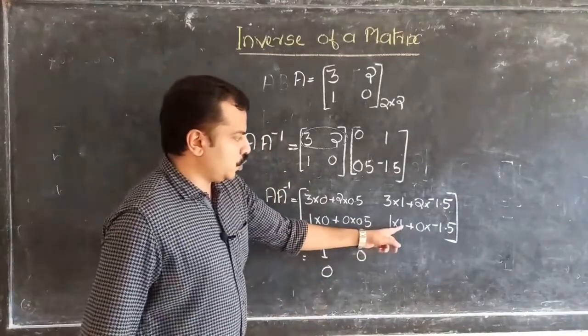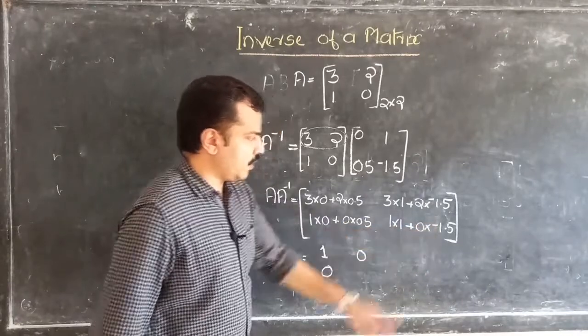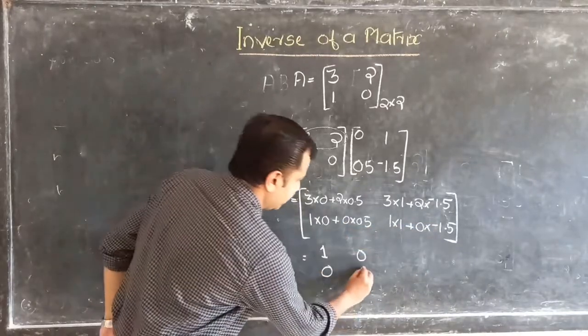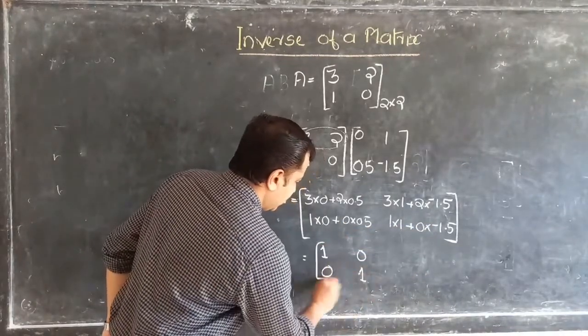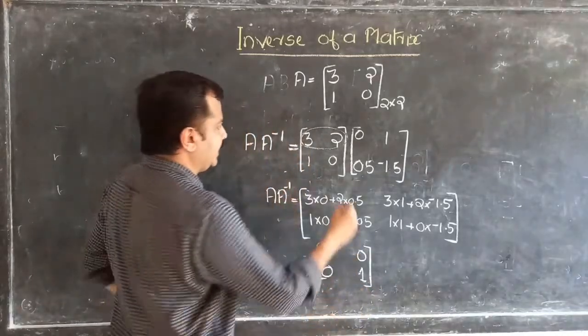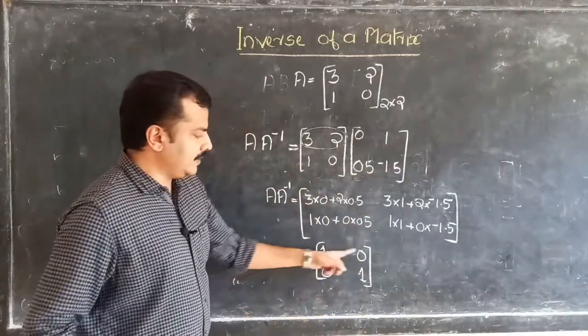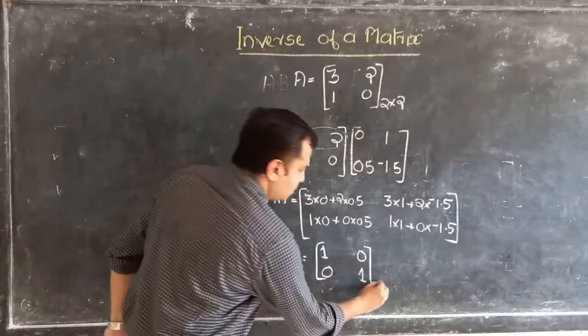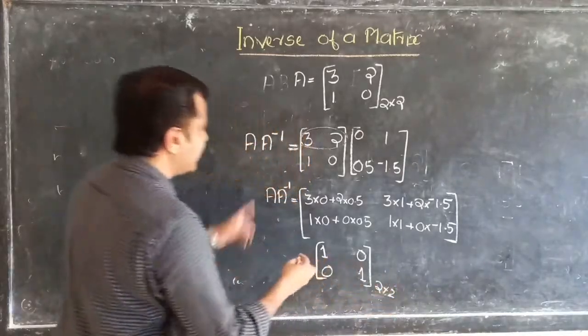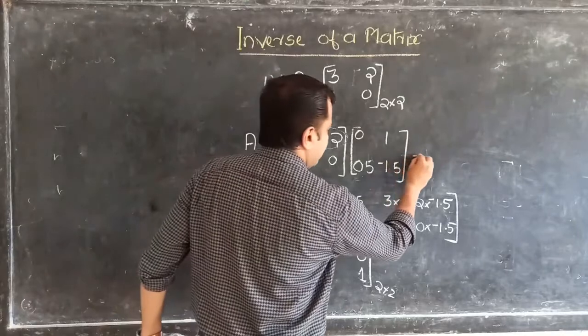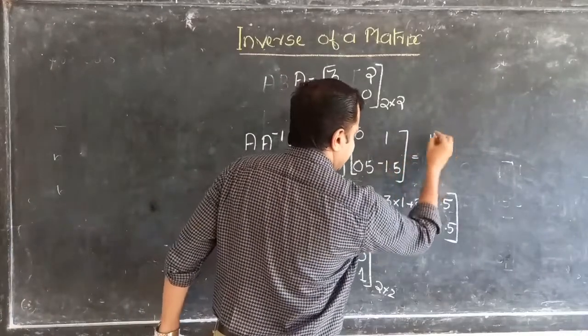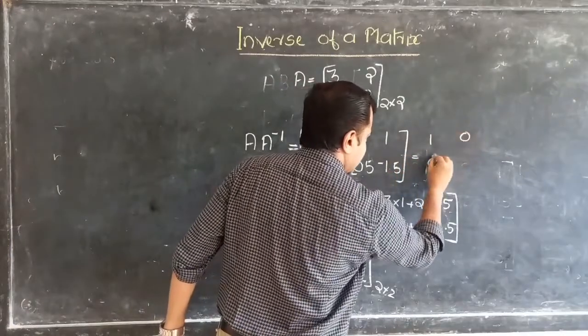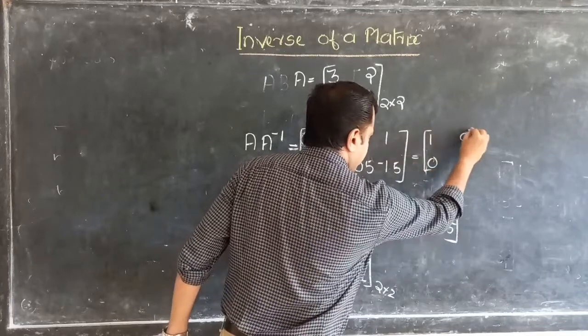So 1 into 1 plus 0 into minus 1.5 is nothing but 1. So we saw that 1 0 0 1 is a 2 by 2 identity matrix. So once we multiply a matrix with its inverse, it produces an identity matrix.